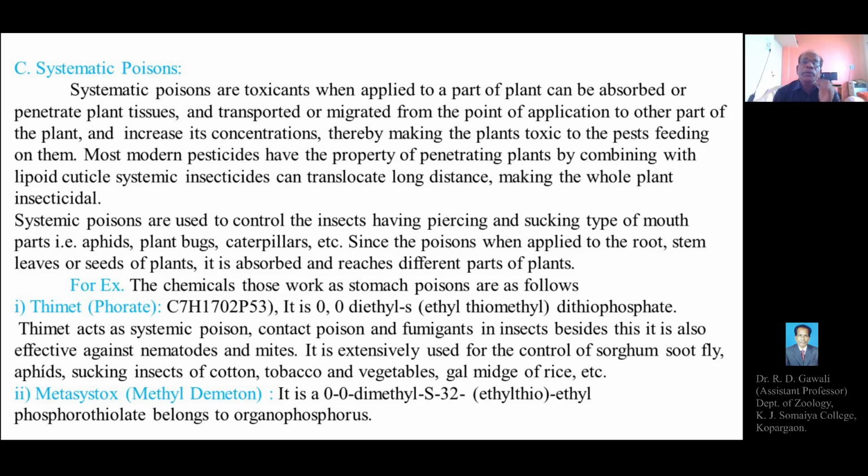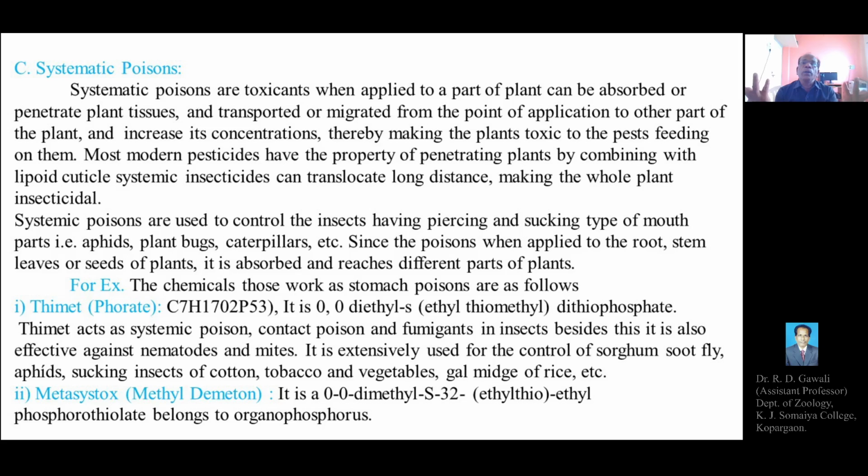The toxic effect is produced in the stomach of the caterpillars, or even the plant bugs or aphids which have piercing and sucking type of mouth parts. So different types of insect pests, whether sapsuckers or foliage feeders, can get killed due to the toxic effect of the systemic poisons present in the plant materials or plant parts.